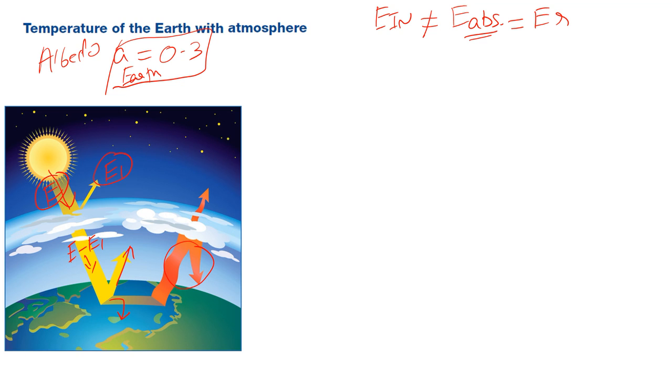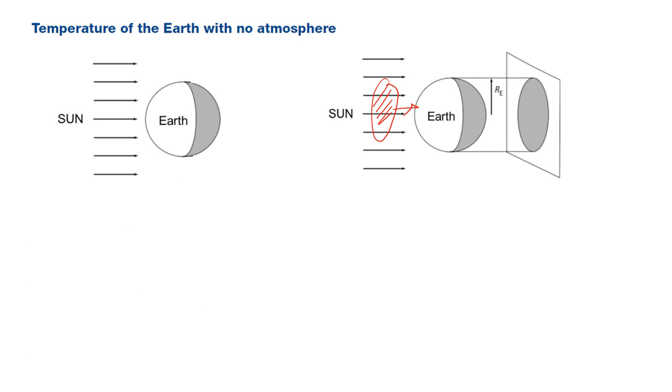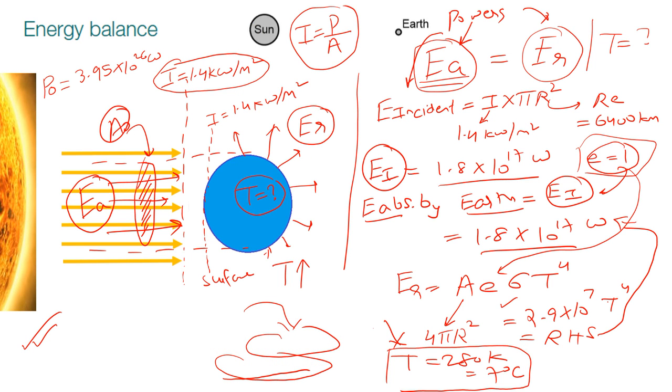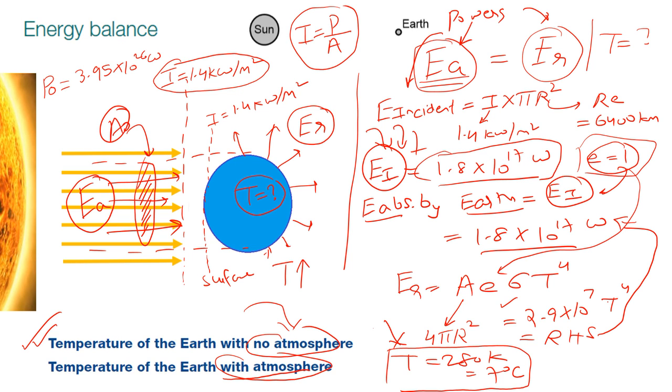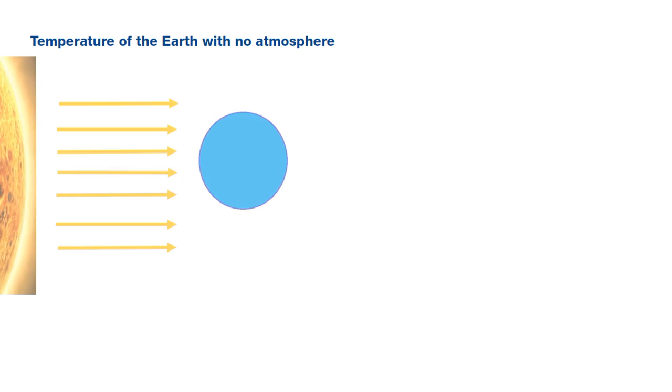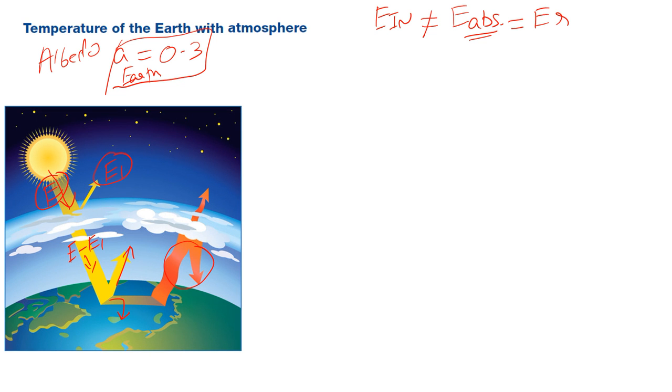Now in the previous case, let me show you. If you can see, the energy which is incident we found out as 1.8 into 10 to the power 17 watts. So let me just write this down. The incident energy is 1.8 multiplied by 10 to the power 17 watts. Now the value of A is 0.3.